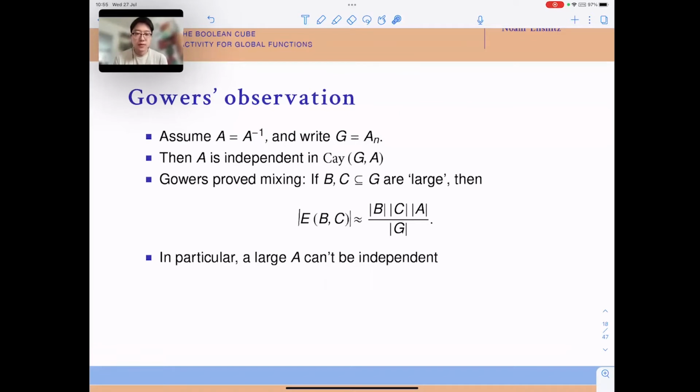Then the basic observation is that A is an independent set inside the Cayley graph that has A as a set of generators. So in the Cayley graph that has A as a set of generators, B is a neighbor of aB for all a in A.